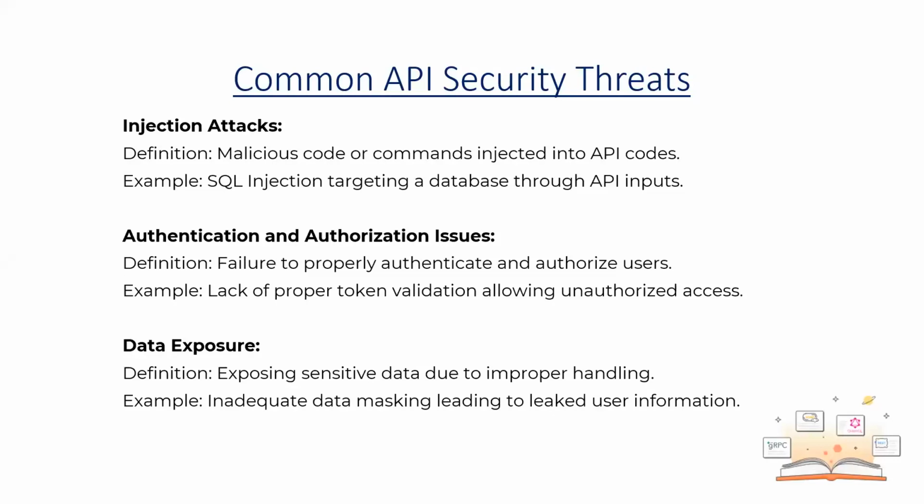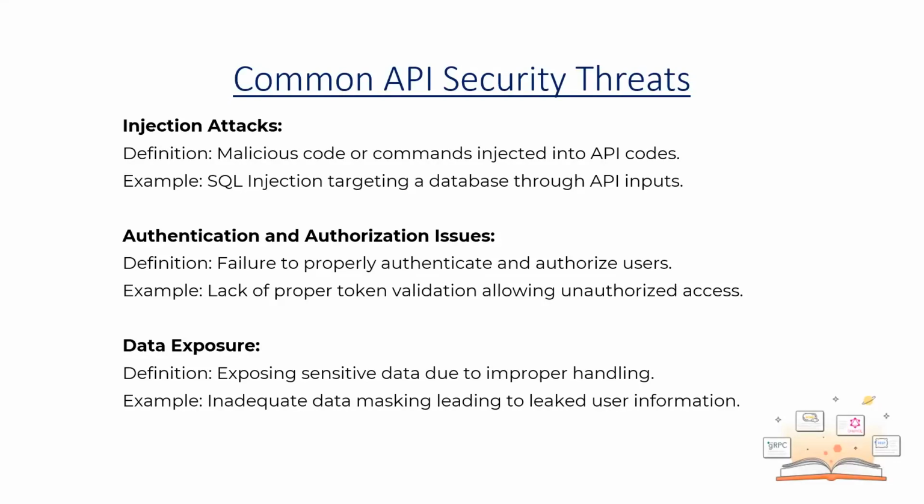Those are not the proper ways to handle that kind of sensitive data. So one needs to take adequate steps in order to secure your API, to avoid common API security threats.